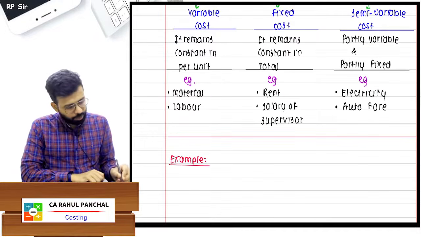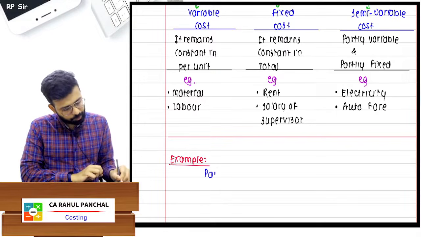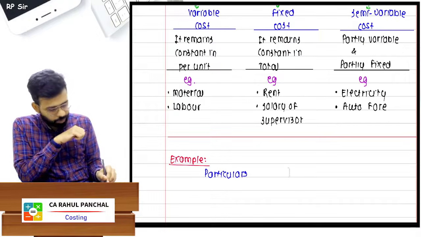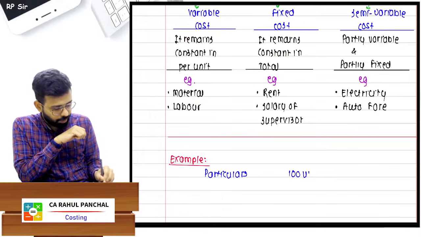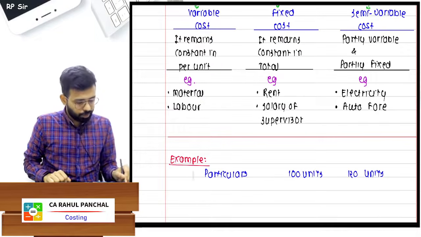Now, for the example, write particulars, then 100 units and 120 units.